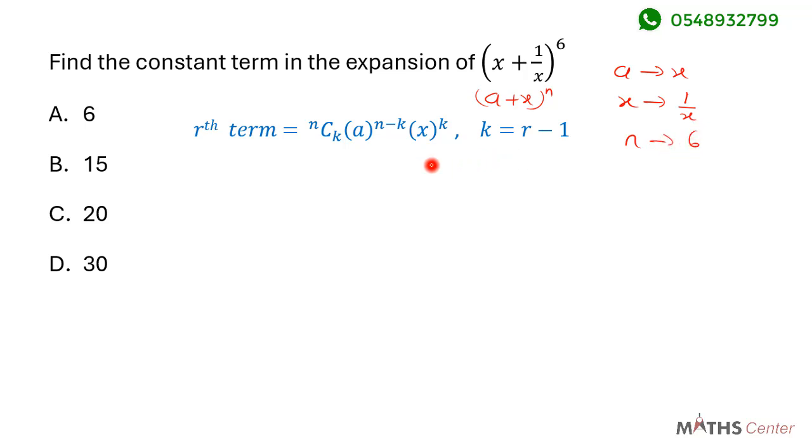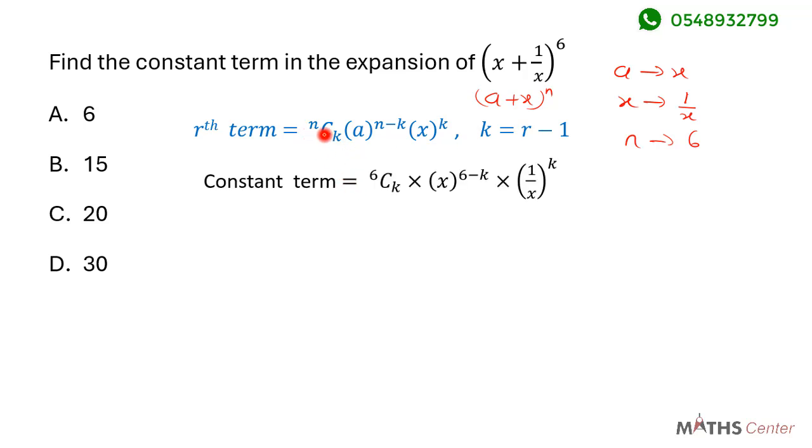We are looking for the constant term, so we don't know the value of k. And so we will write this expression, then we will equate the exponent on x to 0 so that we'll be able to get the value of k. With the value of k, we will be able to find the constant term. So we are going to substitute the information that we have here into the formula.